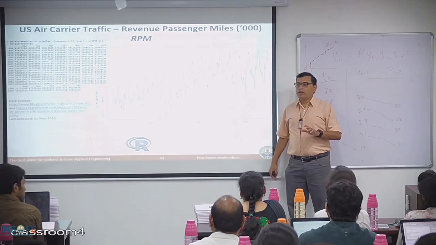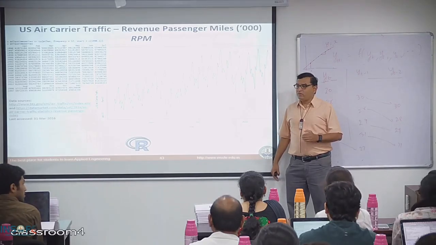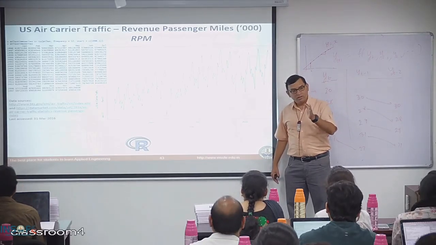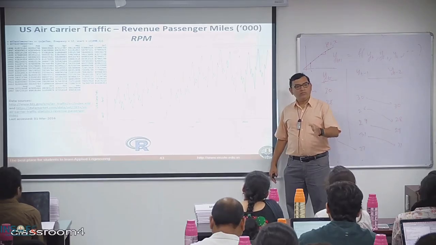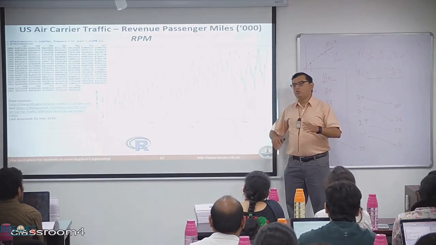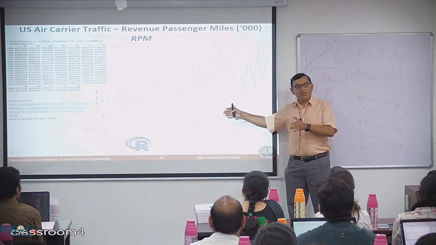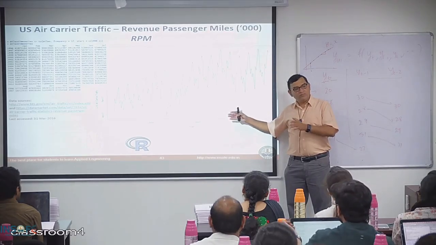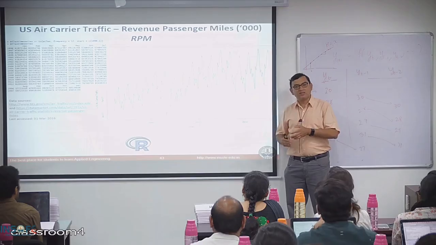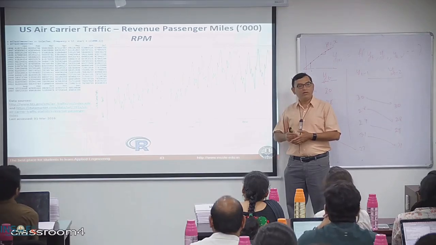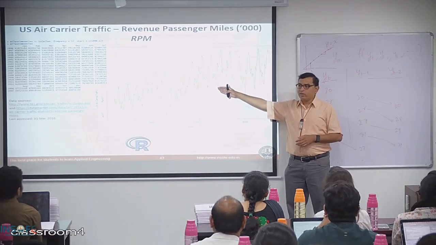So a person might have taken a short flight from Hyderabad to Warangal. That's a very short distance. That flight should count less than a flight taken from here to Calcutta, right?